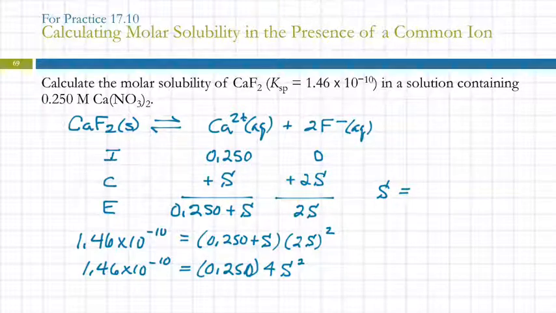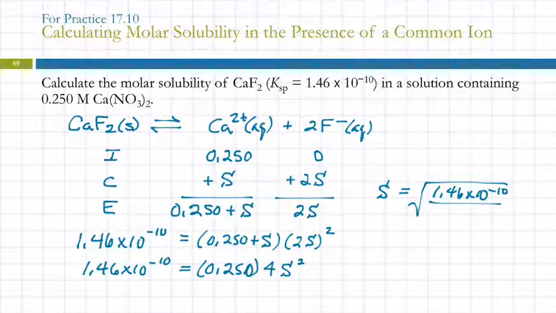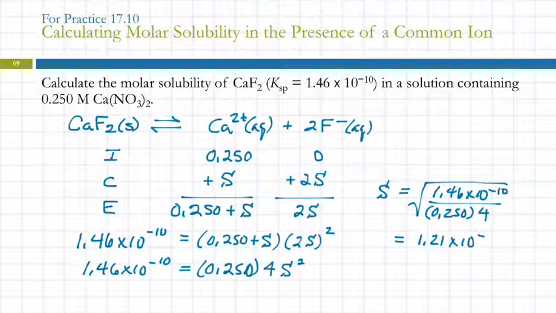So S would be the square root of 1.46 times 10 to the minus 10 divided by 0.25 and divided by 4. That gives 1.21 times 10 to the minus 5.